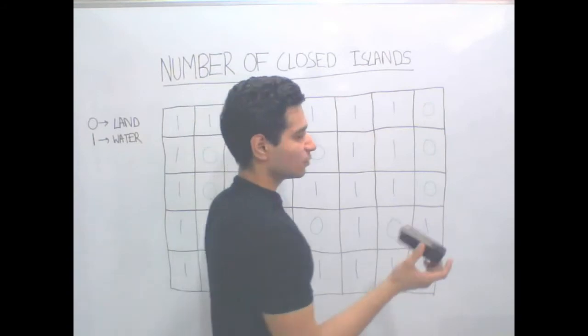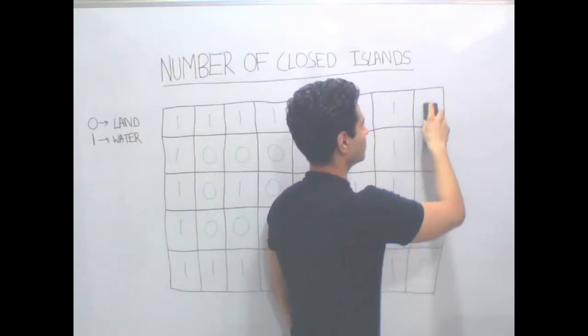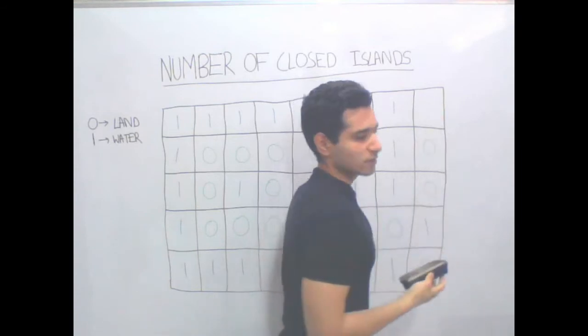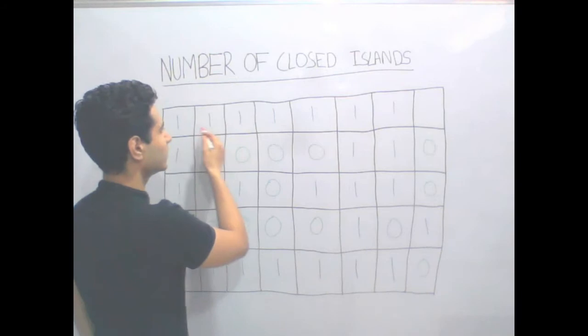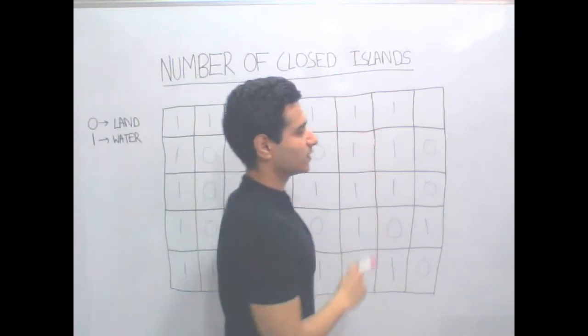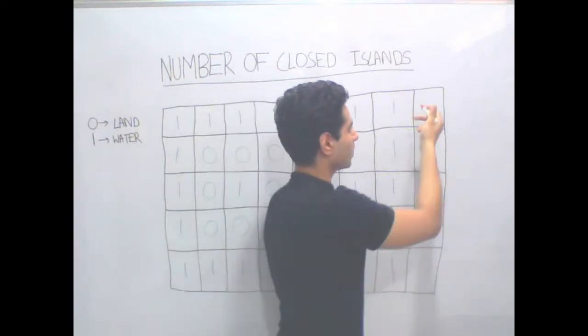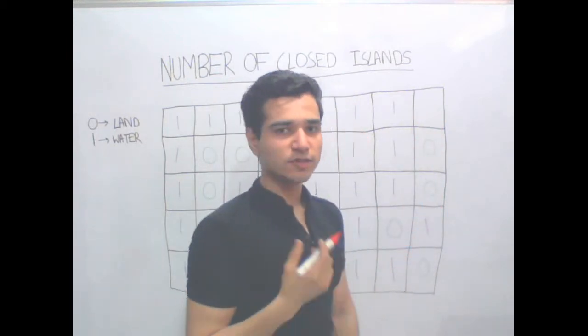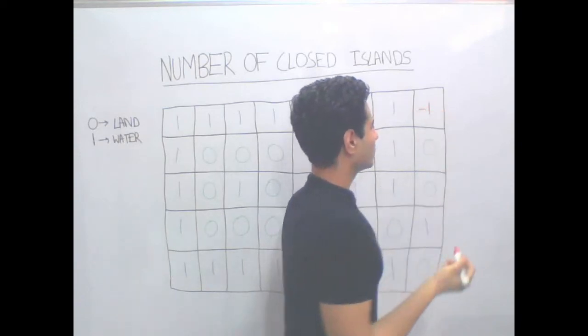Here I am going to modify the graph only. You can use another array, but here I am going to modify this. So we first start by iterating here and seeing if it is 0, if it is an island, then we will DFS. So the last element is an island, so we will start DFS from here, and we will mark this 1 as -1.